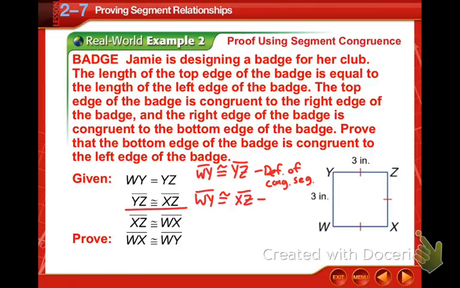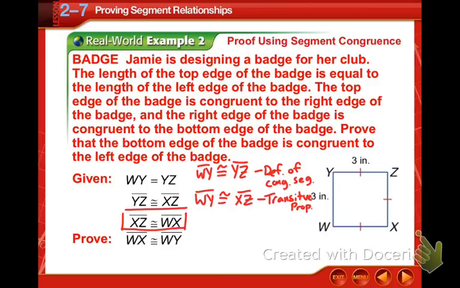So this is based off of the transitive property. And then from there we can substitute in, we know, again, based on the bottom one. Block it off there.